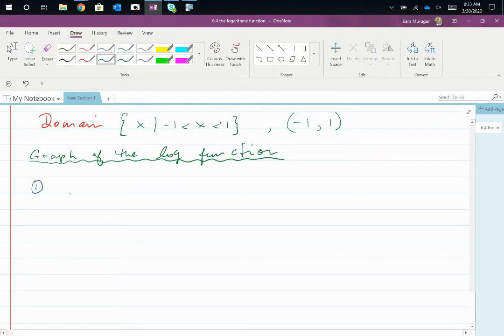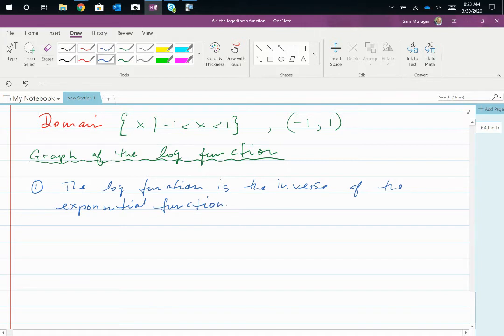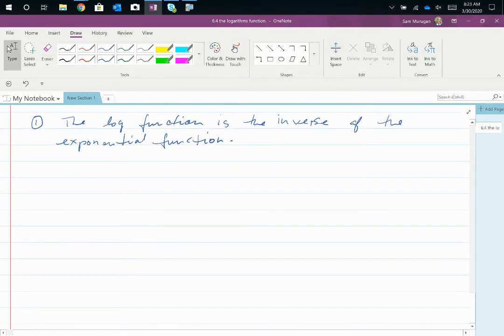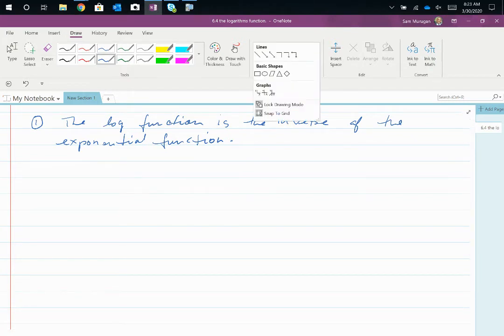The log function is the inverse of the exponential function. Essentially what this means is that if we think about it, let's draw a couple of graphs here.